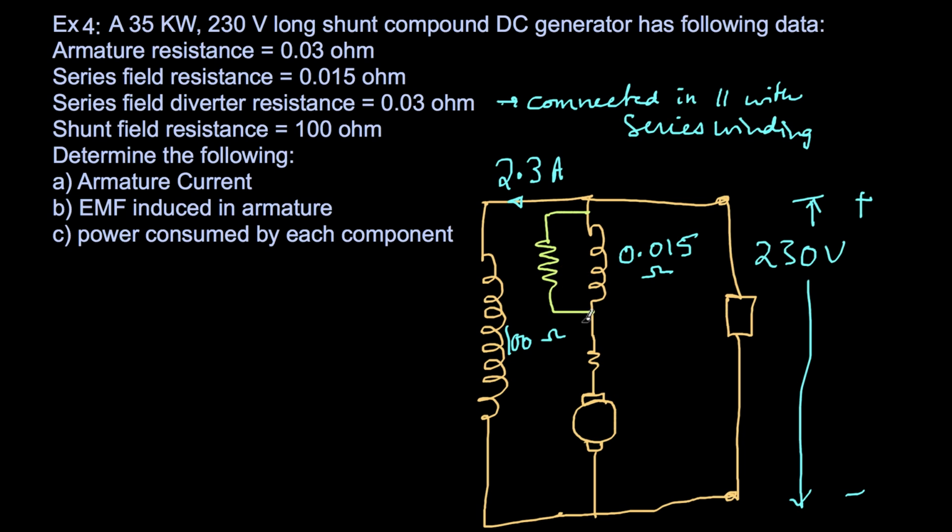What this diverter does is some of the armature current gets diverted to this, so that will slightly weaken the series field. The applications of this maybe we'll discuss later in this course, but right now just as per the data given we'll solve it. So this is 0.03 ohms. This is the resistance of the diverter, and armature resistance is 0.03 ohms.